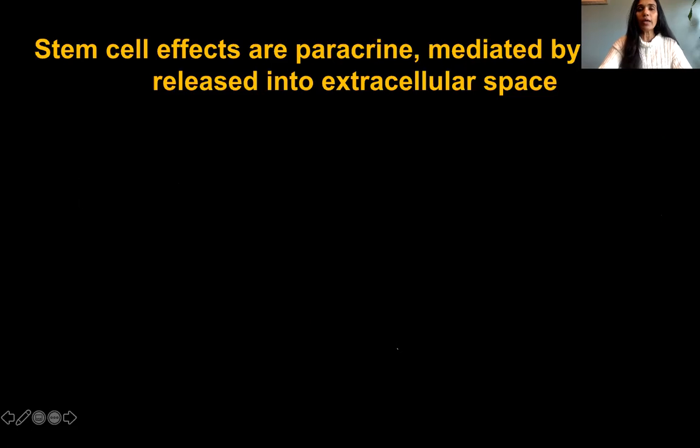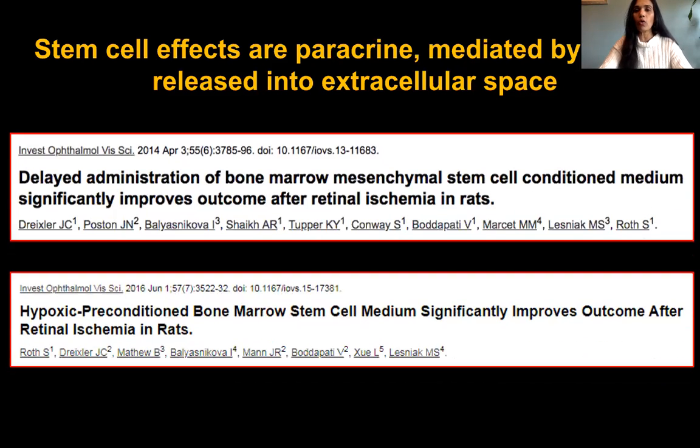By then, our lab and other people had already started figuring out and reported that stem cell effects are paracrine, and are mediated by factors that are released into the extracellular space. Towards this goal, we did studies and published in 2 different papers where we generated conditioned media using these stem cells.